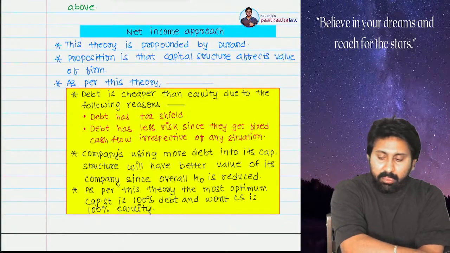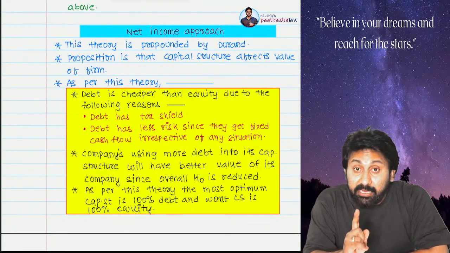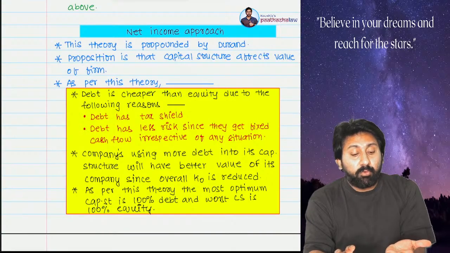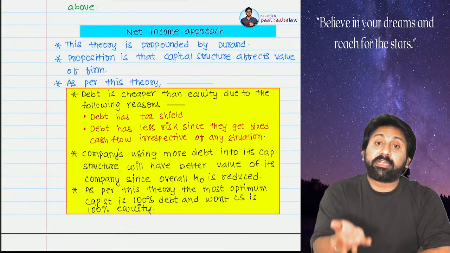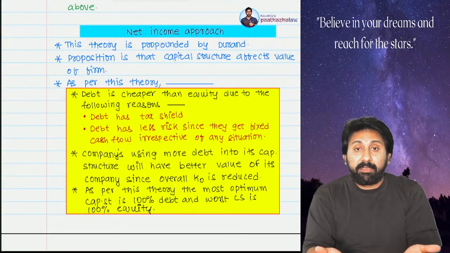Listen. Net income approach says that as the company has more debt in the capital structure, the value of the company will be more.